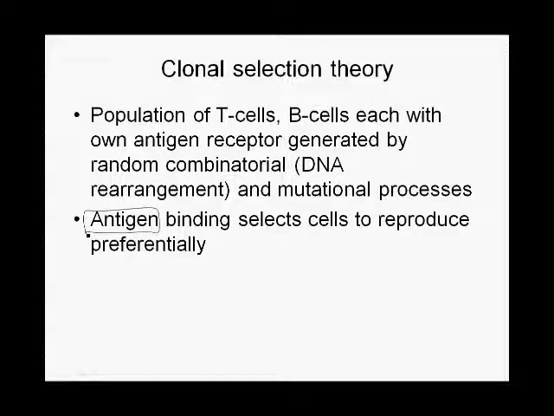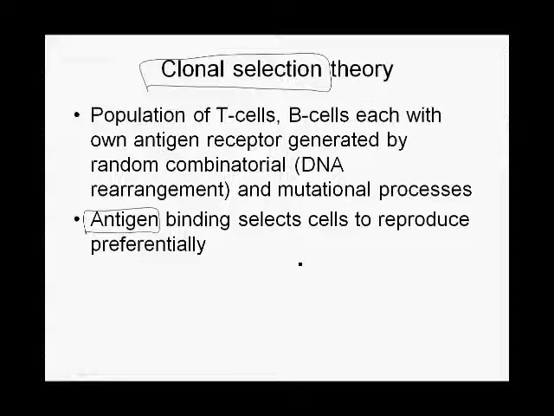When a bacterium or virus invades your body, and that's what we call an antigen, the binding of proteins or other molecules from viruses and bacteria to antigen receptors on certain of these B cells or T cells selects those cells to reproduce preferentially. And that's what we call clonal selection, because antigen binding selects an individual cell that contains a receptor that binds to the antigen, and then that cell begins to divide and produce a clone of itself.